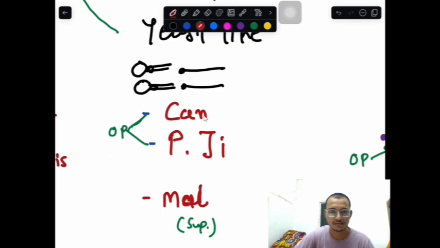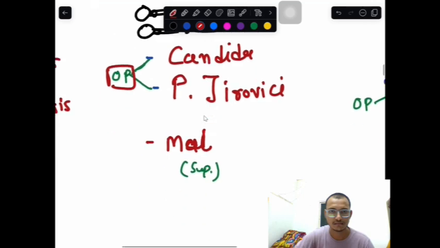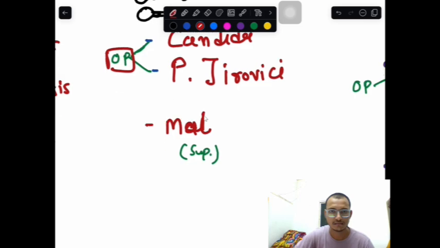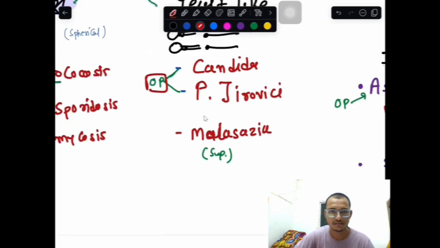There are mainly two types we will remember: one is Candida, and the second is PCP. Both are opportunistic infections. And the third one is Malassezia. There are two types, Malassezia globosa and Malassezia furfur.